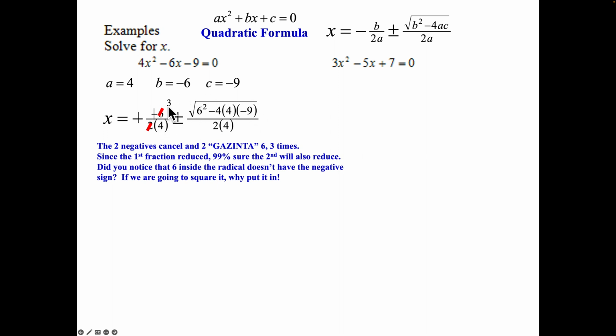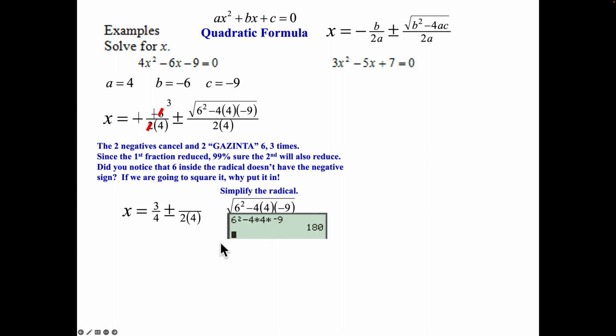So let's simplify everything. So right now I have 3/4 plus or minus my 2 times 4 now over something on the top. Move this off to the side, and let's simplify this. How would I simplify? Go to your calculator. See, now this is why I don't want you to put a negative 6 here, because if you don't put parentheses around it, you get the wrong value. So 6 squared minus 4 times negative 9 is 180.